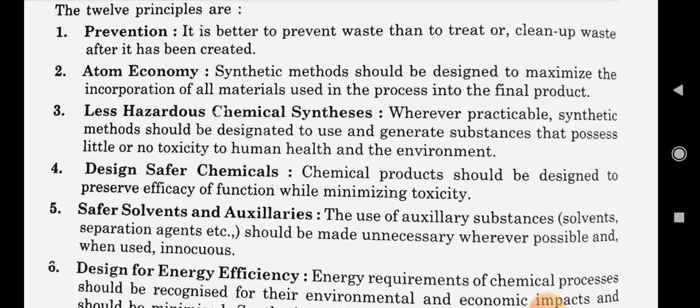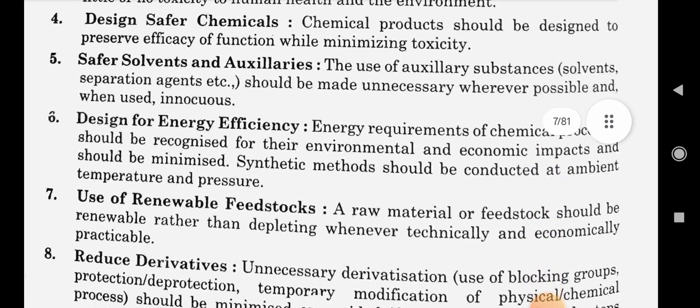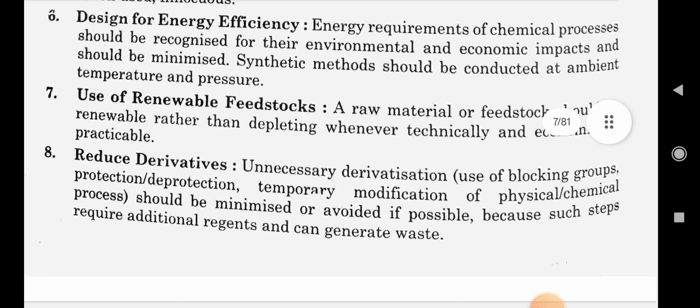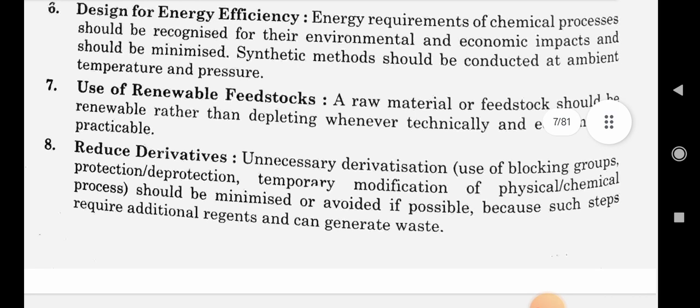Number 5, Safer solvents and auxiliaries. The use of auxiliary substances, solvents, separation agents, etc. should be made unnecessary whenever possible, and innocuous when used. Number 6, Design for energy efficiency. Energy requirements of chemical processes should be recognized for their environmental and economic impacts and should be minimized.